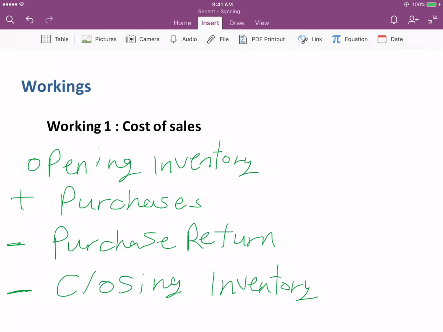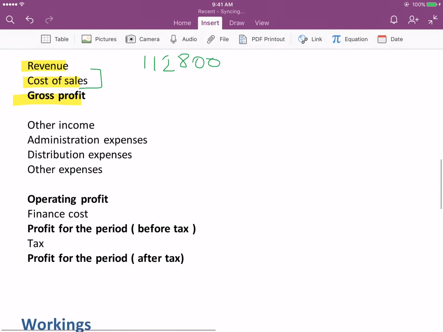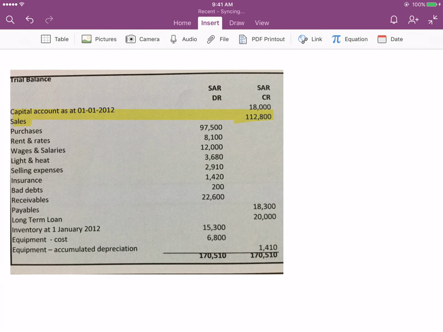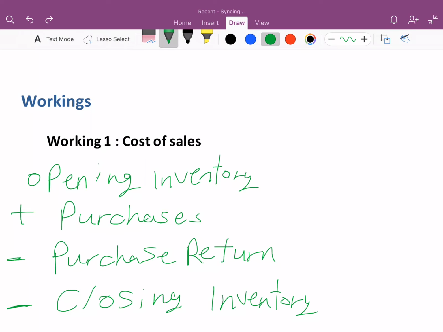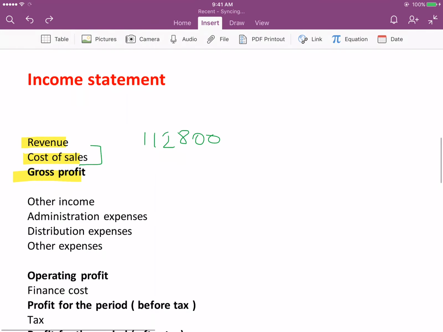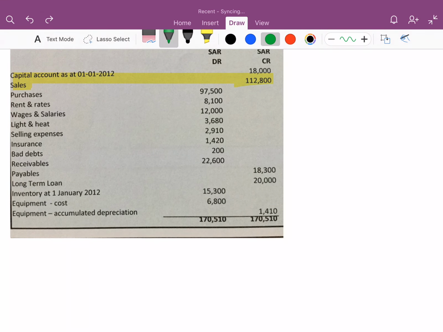So what is the opening inventory? The opening inventory is 15,000, sorry, 15,300, and the purchases 97,500, but we don't have any purchases returned, so we're just going to leave it for now.